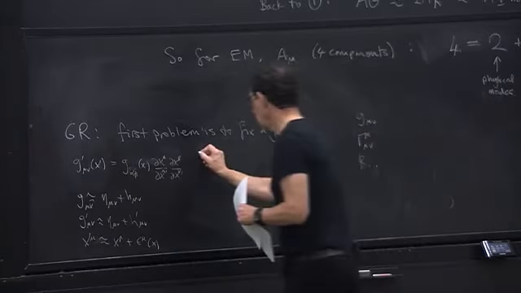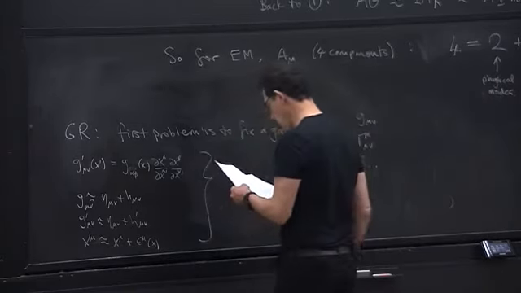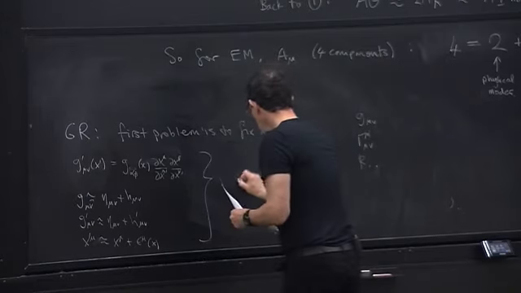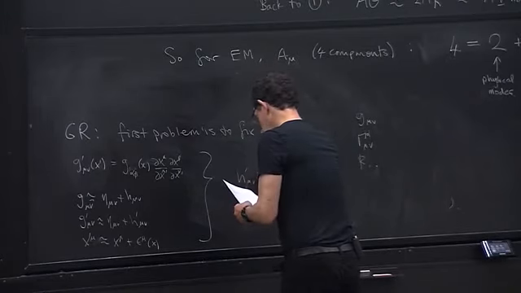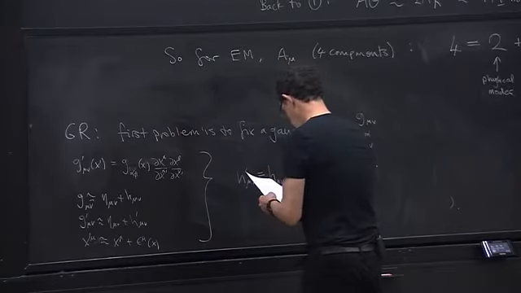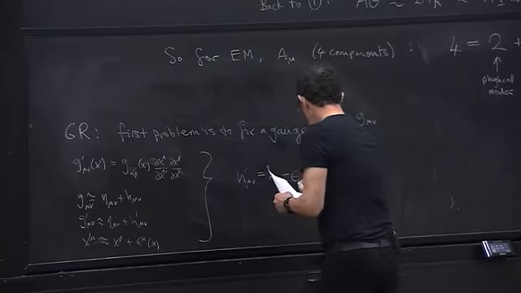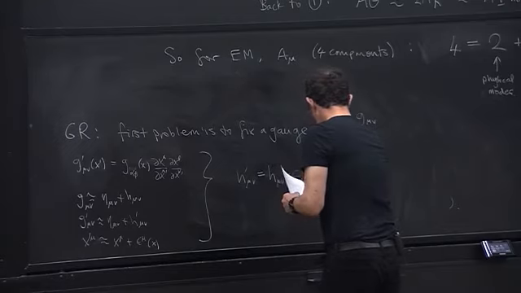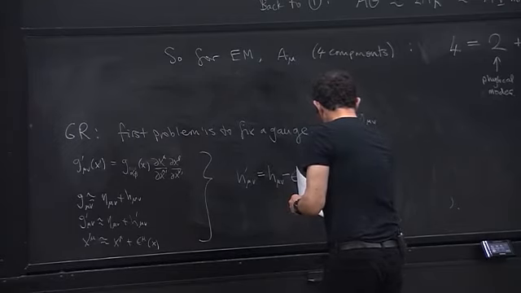Okay, then you can see these equations imply h prime mu nu is equal to h mu nu minus epsilon mu comma nu minus epsilon nu comma mu.